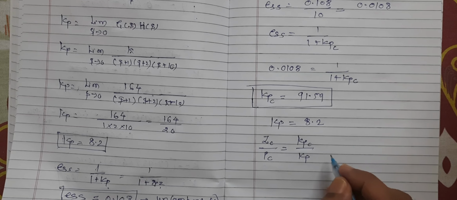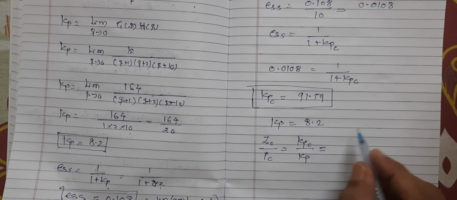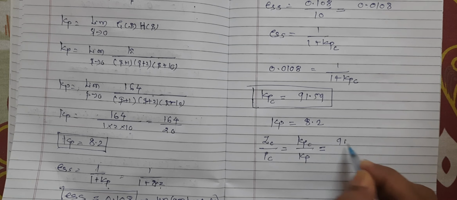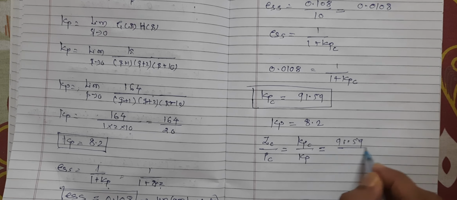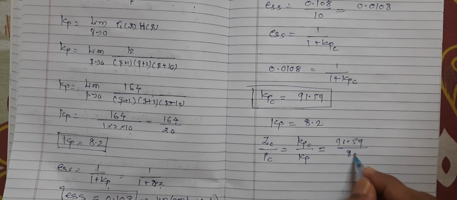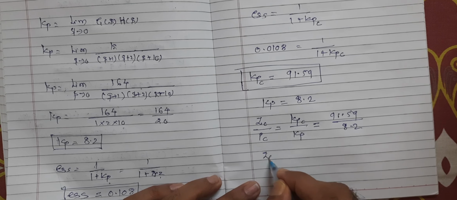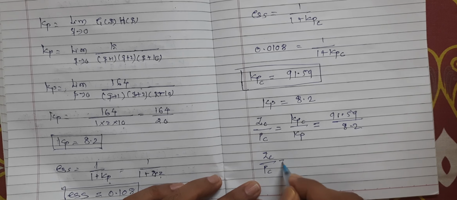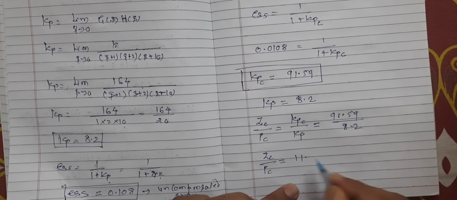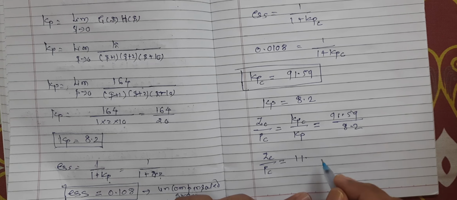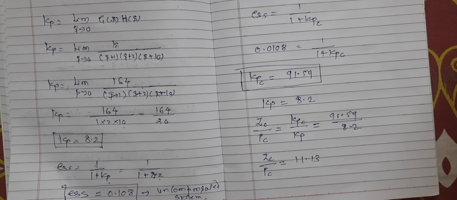It is equal to 91.59 divided by 8.2. So ZC divided by PC is coming equal to 11.13.